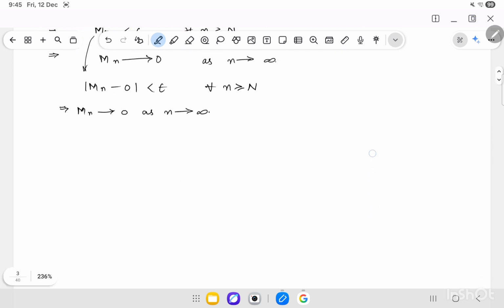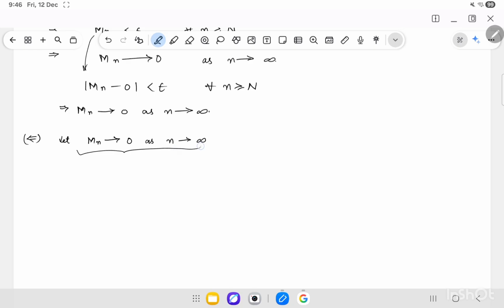Now let us look at the converse part of the proof. In this case we'll assume that M_n approaches 0 as n approaches infinity, and here we'll show that f_n approaches f uniformly on the closed interval a comma b.